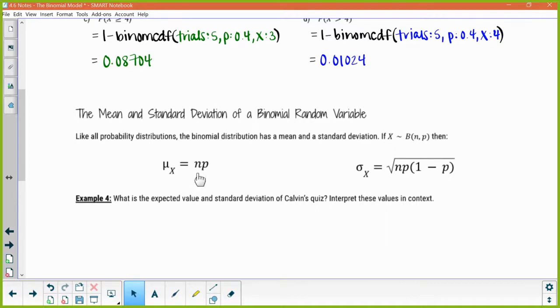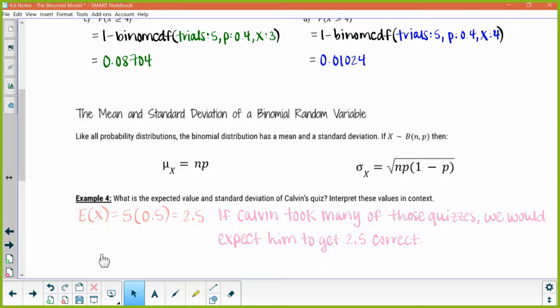So all you have to do is take your number of trials, multiply it times your probability, and then square root of NP times 1 minus P. So we have, what is the expected value for Calvin's quiz? So all I have to do is take my number of trials 5 times my probability of success 0.5, which is 2.5. So if Calvin took many of these quizzes, we would expect him to get 2.5 correct.